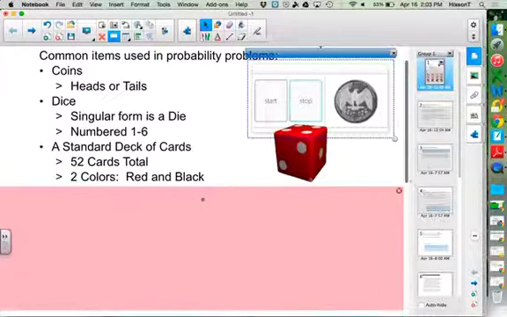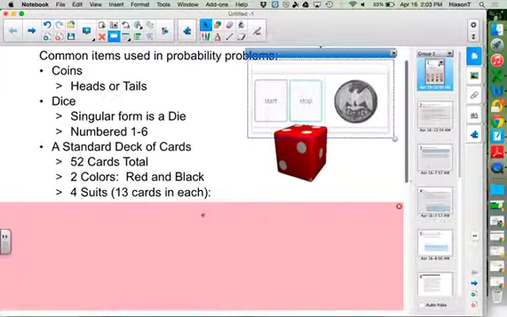We have 2 colors, red and black. So each color, there are, how many of them? 26 of each color. All right. There are 4 suits. Okay. And since there's 4 suits, there's 13 in each suit. Okay.